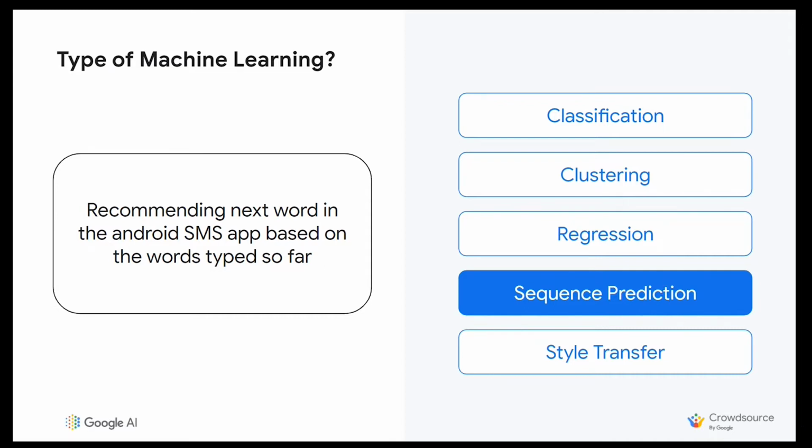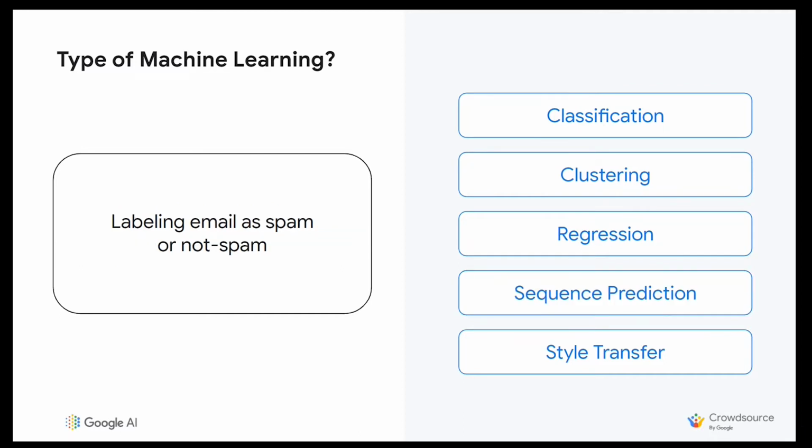And we have more questions. The next question is labeling email as spam or not spam. Any guesses? I think it's pretty easy. Any algorithm that you think of will suit this particular problem. No problem, even if you make a mistake.